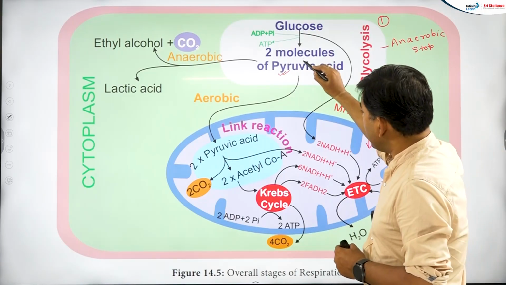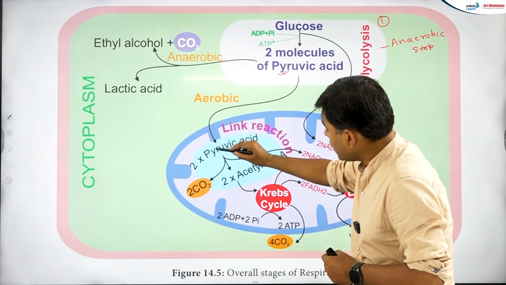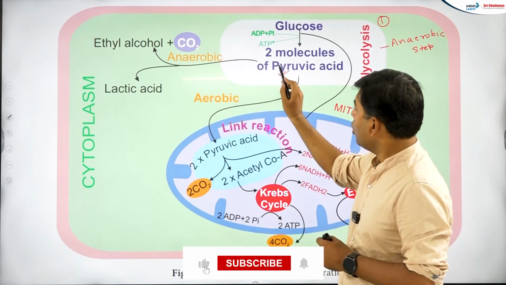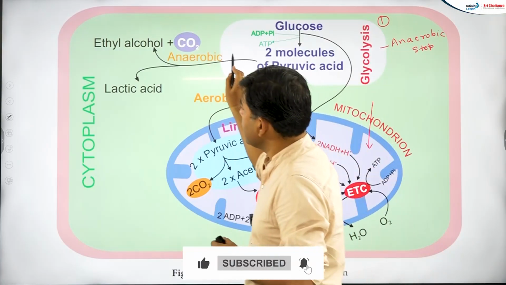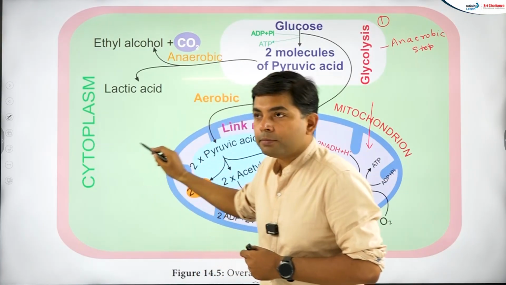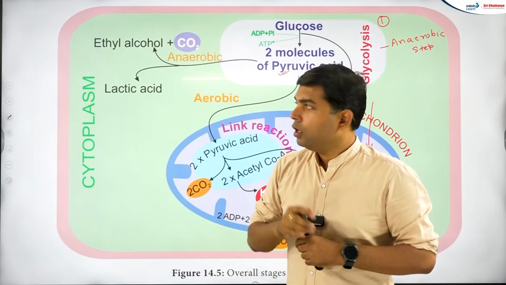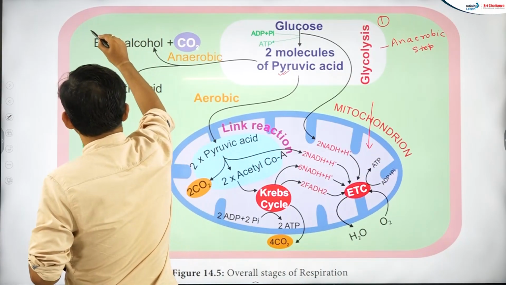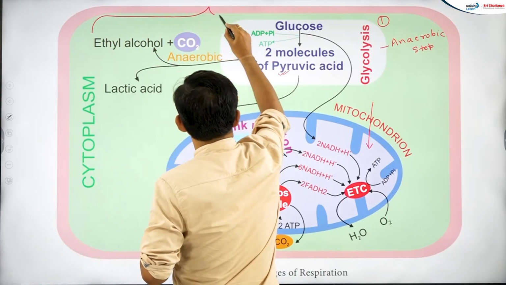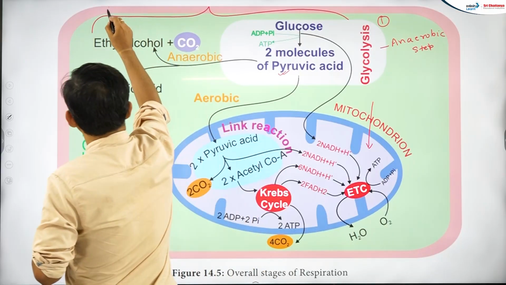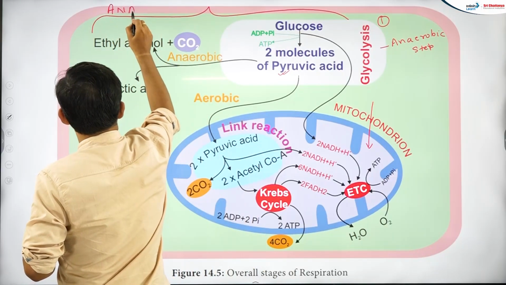So these two pyruvic acid can enter mitochondria and perform aerobic respiration, or remain in the cytoplasm and perform anaerobic respiration. Now overall, these two steps together are called the anaerobic pathway.